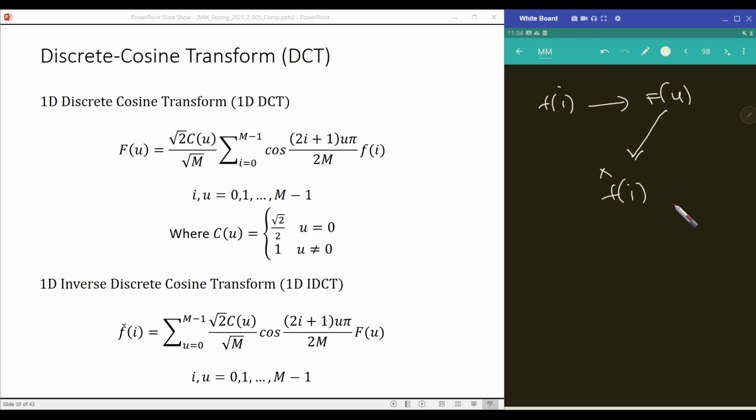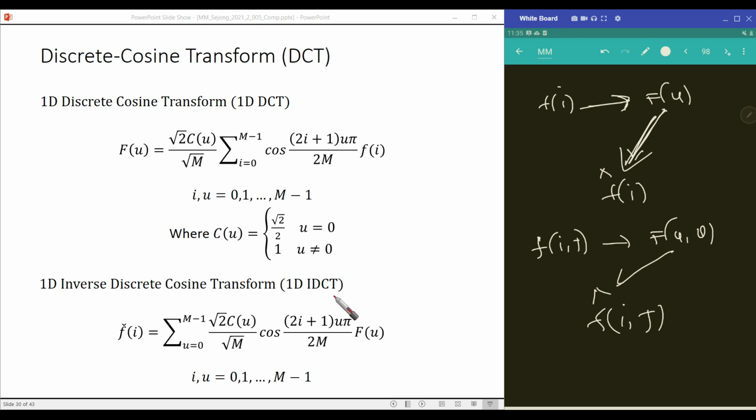Okay. So the same thing, when you convert this fij to fuv, and then convert fuv back to fij, it will not be exactly the same, but an approximated version of that. So this one is the simple discrete cosine transform, and this one we say is the inverse discrete cosine transform, IDCT.